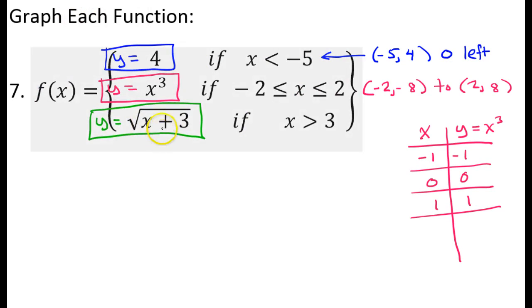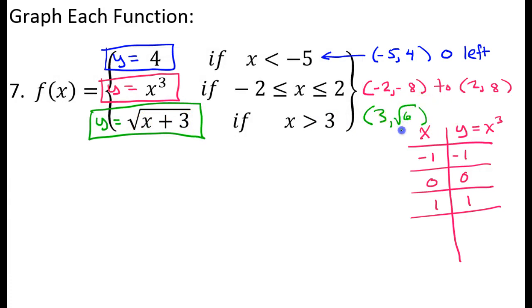Okay, what's next? It's time for our third and final piece of the function. Y equals the square root of x plus 3. Again, we are going to have an endpoint with an x value of 3. So my endpoint is going to be 3 comma something. So 3 comma what? Well, if I plug in 3, that's going to be 6. So this is going to be the square root of 6.